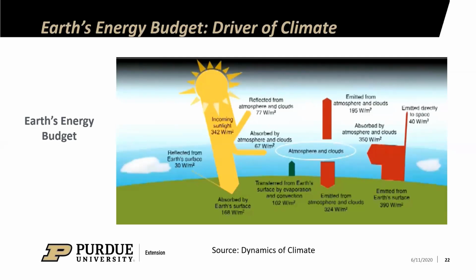Once it hits that Earth's surface, now we're starting to deal with long wave radiation that over on the right side can be emitted from the Earth's surface and then absorbed by the atmosphere or emitted into space. And that's kind of the whole budget and the whole driver of climate, beginning with sunlight and then the radiation defining exactly how warm or cool we stay.